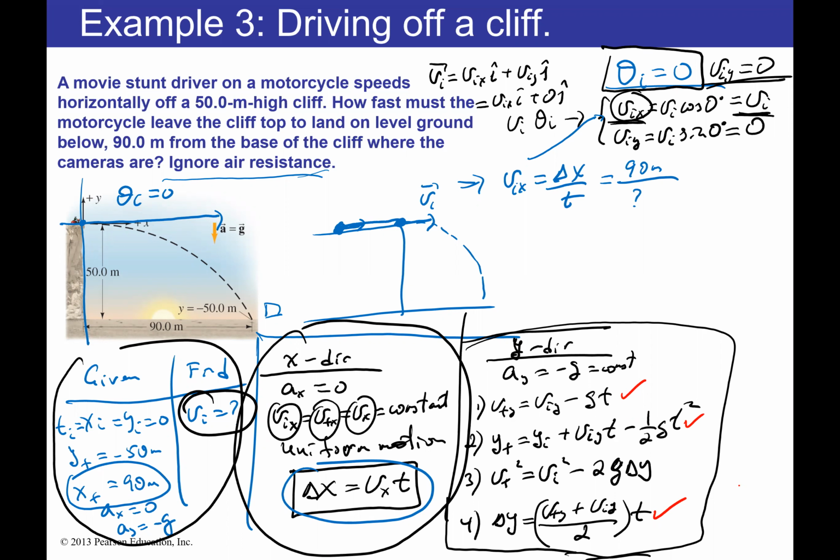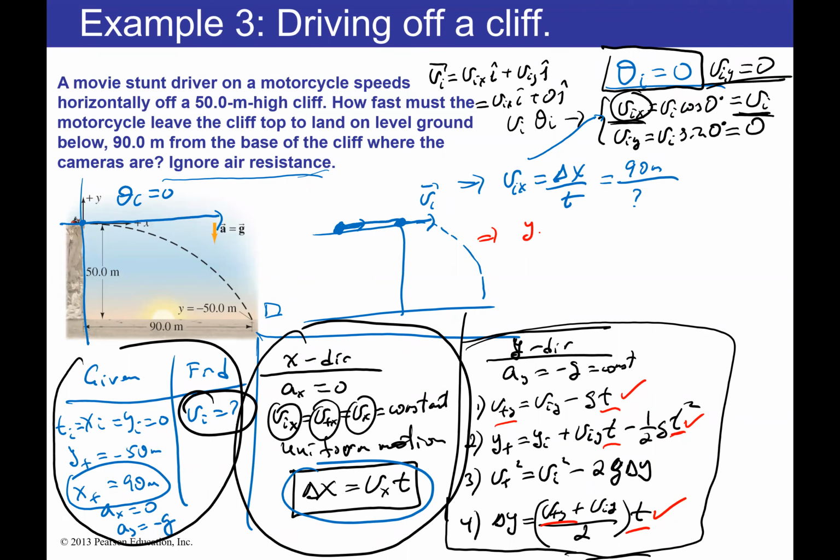Well, the first one, I can't use because with unknown time, I also have unknown final velocity. Equation 4 also has unknown time and unknown final velocity. But equation 2 is independent of final velocity. That means I only have unknown as time. Everything else is given.